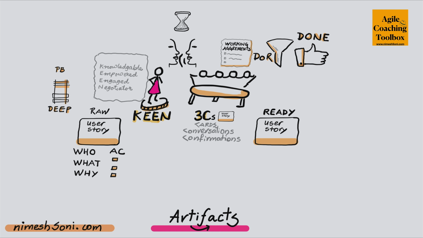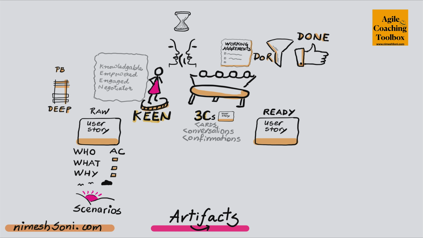At a minimum, the product owner is ready to explain this acceptance criteria. She may not have captured that in the raw story, and that's the whole idea, that the raw story could be a single line statement, but through these conversations, we are looking to get those details as to who, what, why, the acceptance criteria, and then we should also see these scenarios.